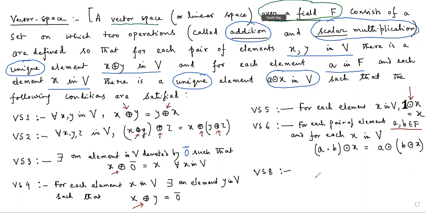The next property that I'm going to consider is VS7. So VS7 goes like this.